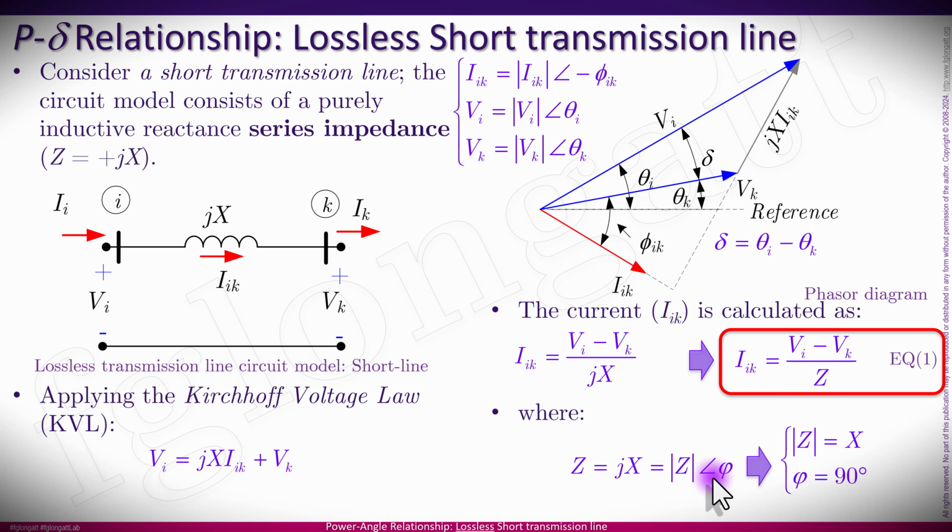And if we use the polar form representation, as you can see over here, the magnitude of the impedance is X, and the phase angle of this impedance is 90 degrees.